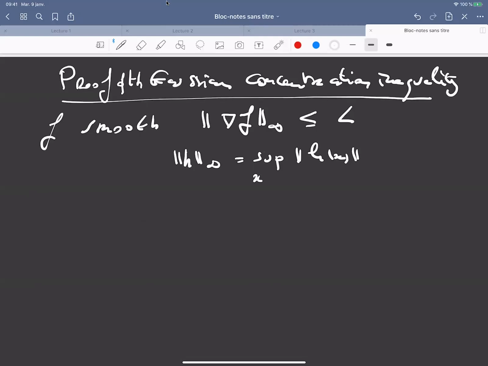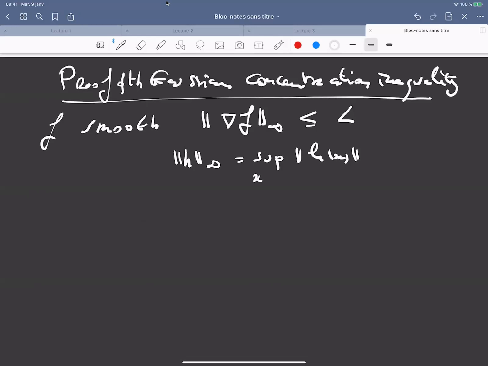So you have this because when you have a smooth function, the Lipschitz constant can be interpreted exactly as the sup of the norm of the gradient. This is easy to see.